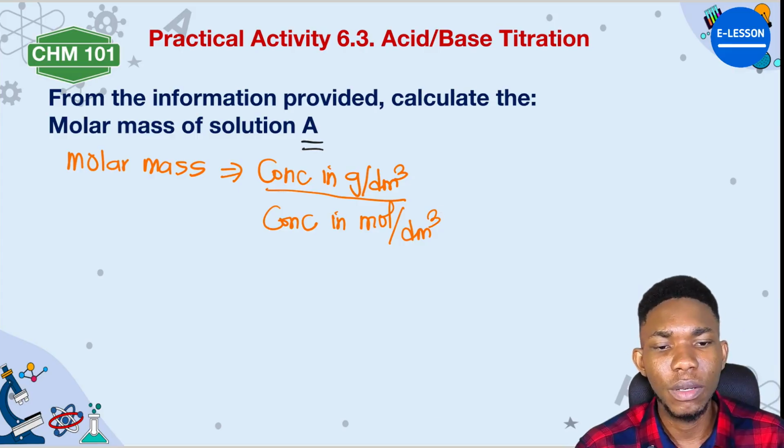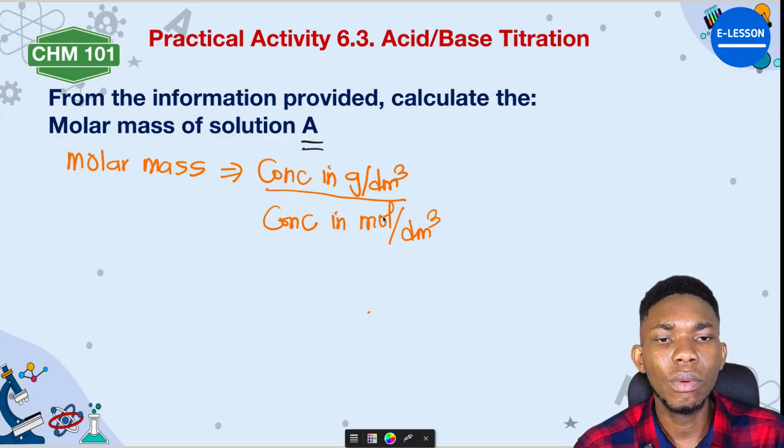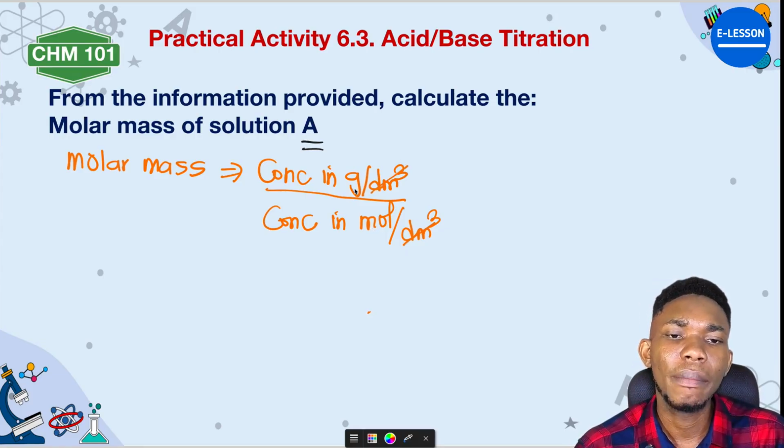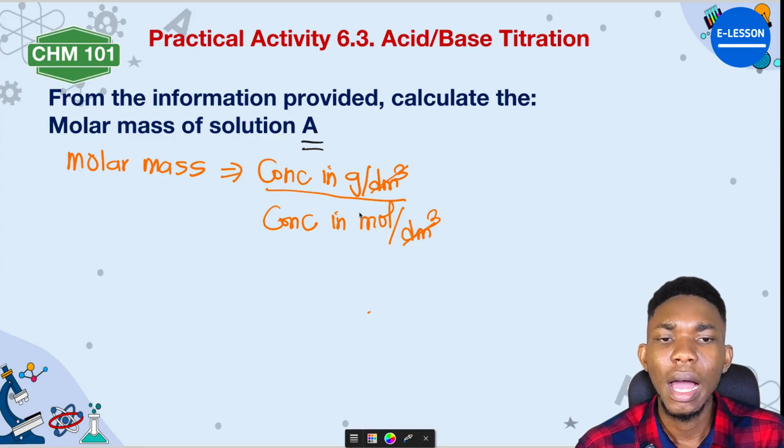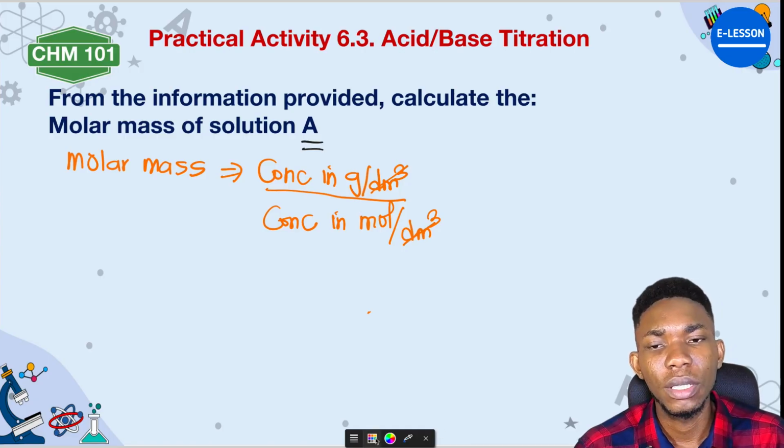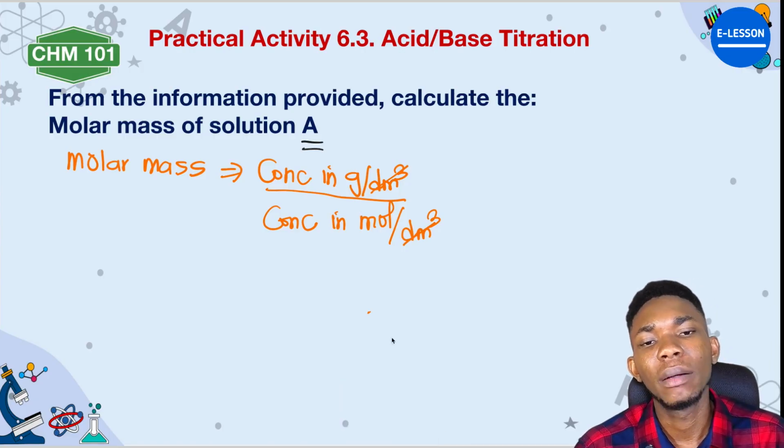Is that okay? This is because when dm cube divides dm cube, you are now going to have gram per mole. And what we are looking for is the molar mass in gram per mole.